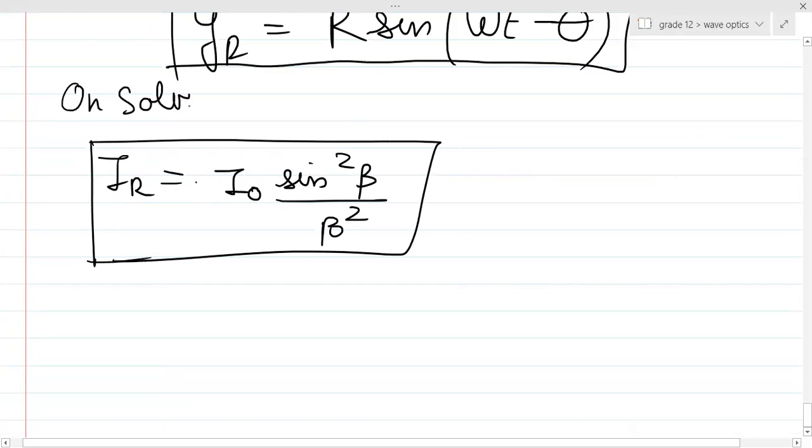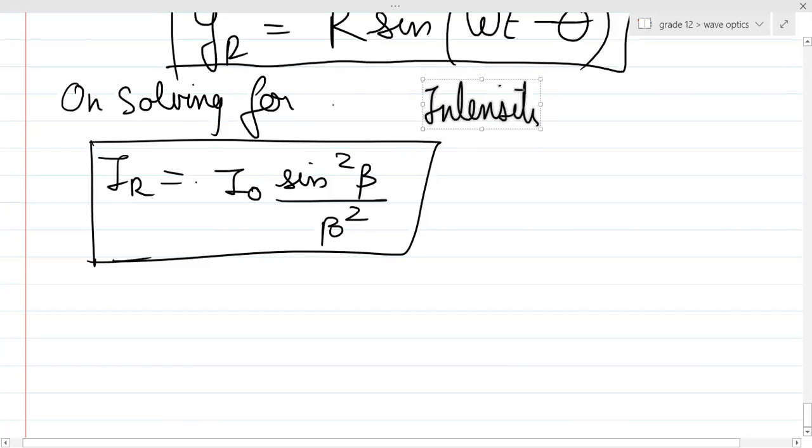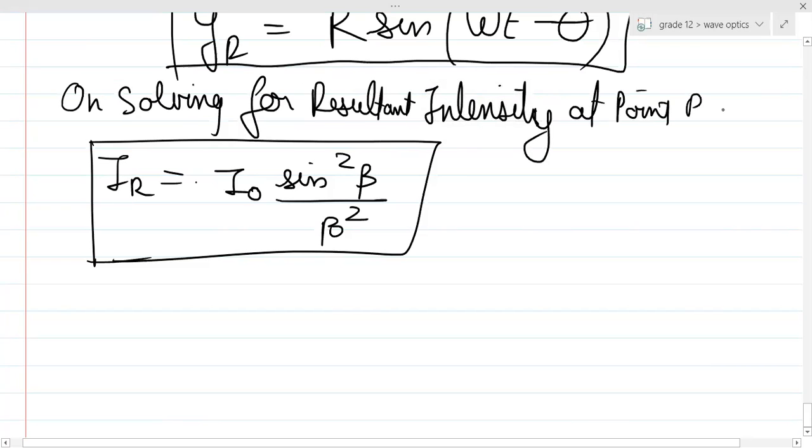On solving for intensities, the resultant intensity at point P on the screen, IR, is equal to I naught into sine square beta upon beta square, where beta is equal to n by 2 into phi.